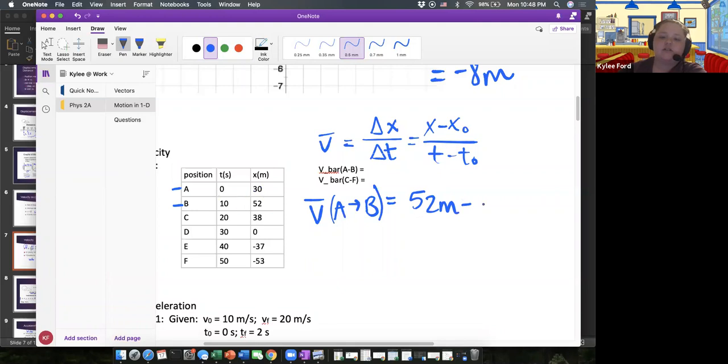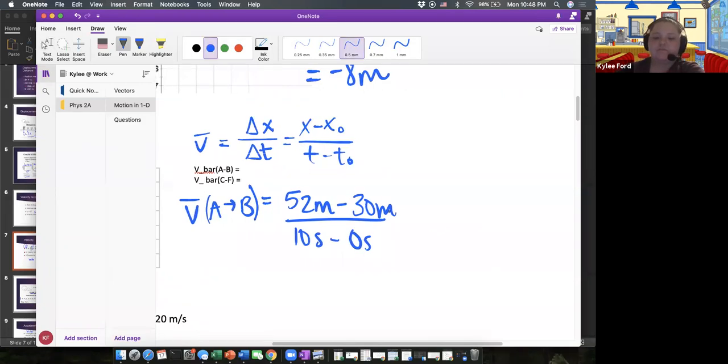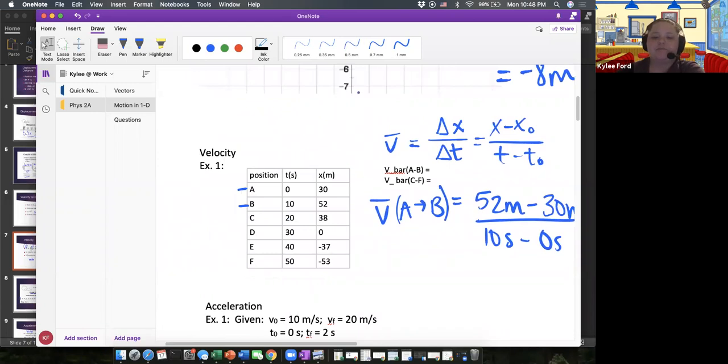My initial is 30 meters. My final time was 10 seconds. My initial was 0 seconds. So doing this math, we get 22 meters divided by 10 seconds, which gives us 2.2 meters per second. That would be our velocity between points A and B.